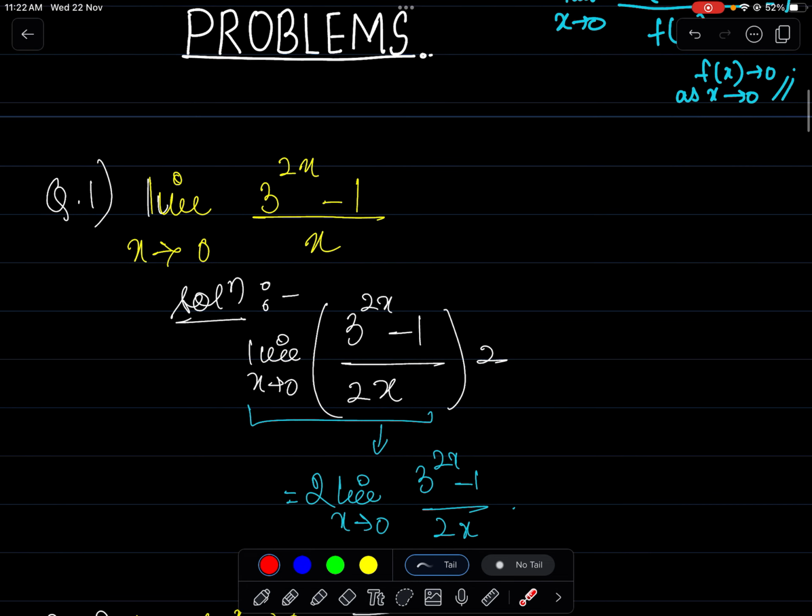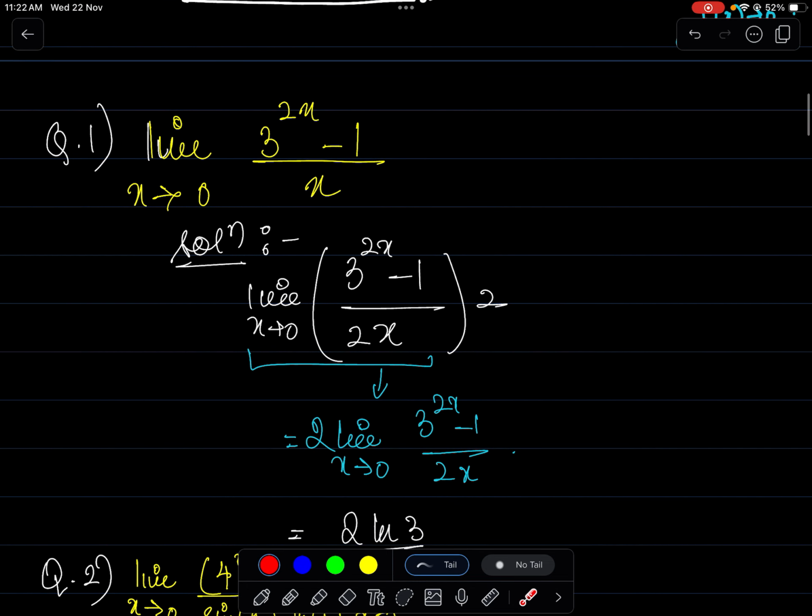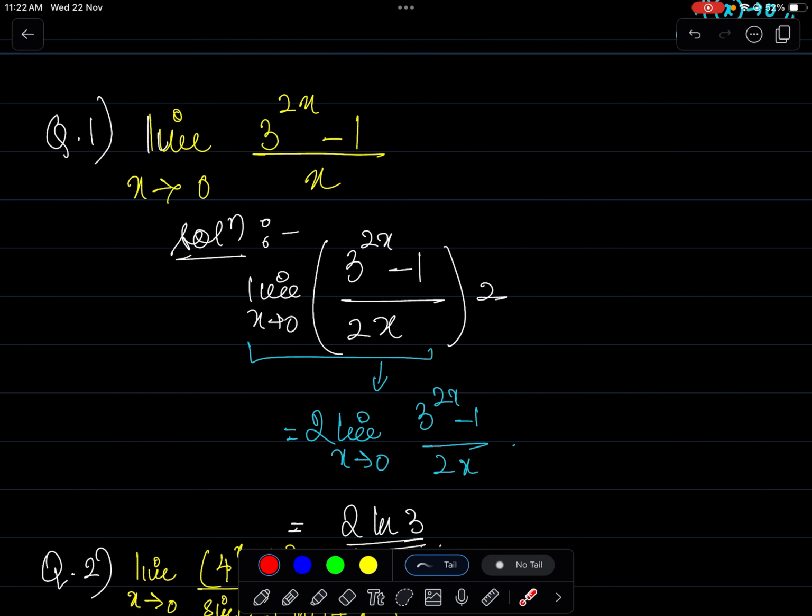Now, let us see how we are supposed to do this problem. Pretty easy problem. I can see that it is in the form of a to the power x minus 1 by x, but the problem is, it's not exactly the same. So, what I am doing is, I am just multiplying and dividing by 2 to make the power the same. Now, I can apply the limit to this function.